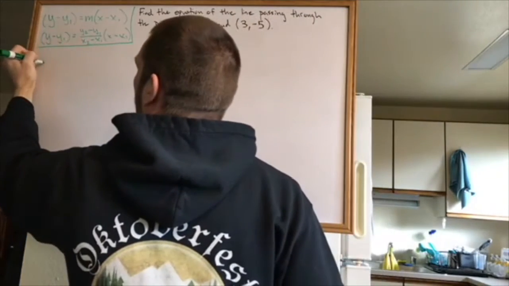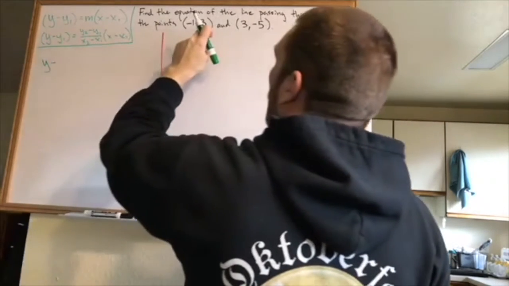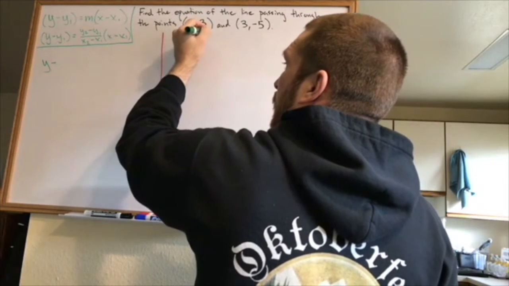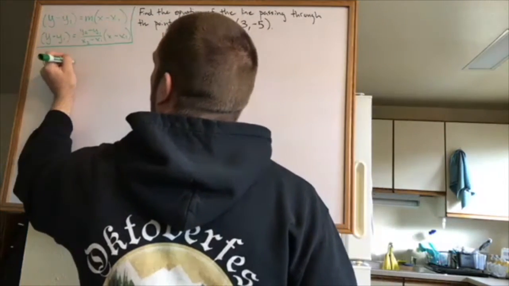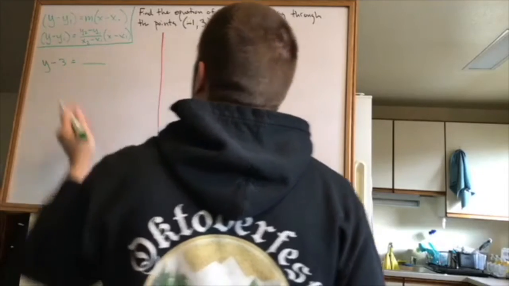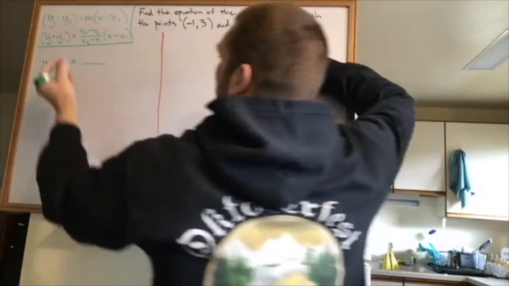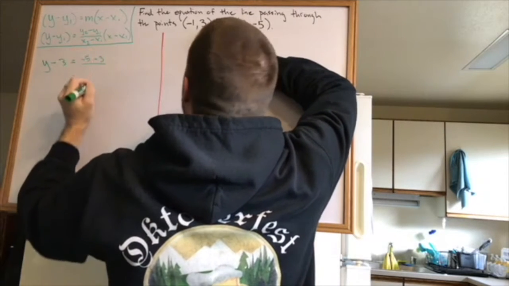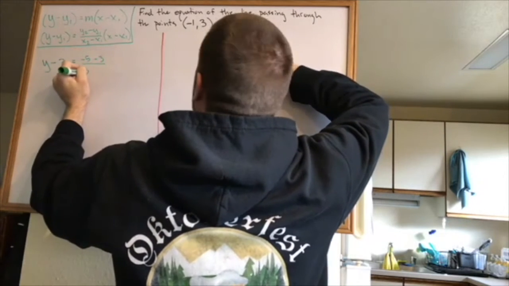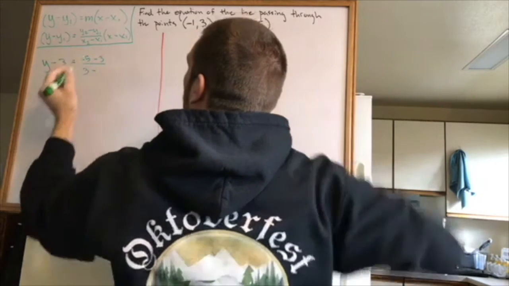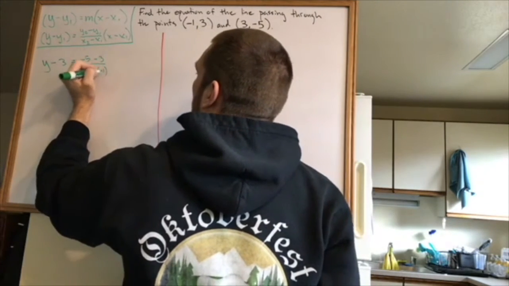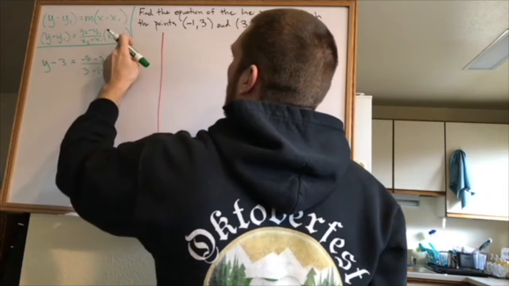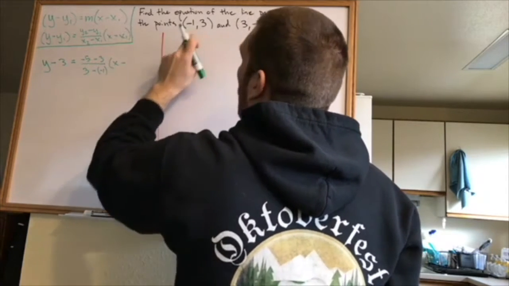Okay, so y minus y1, we'll call this point 1, so this is x1, y1, y1 is 3, equals, okay, y2 minus y1. y2 is -5, y1 is 3, so -5 minus 3. x2 is 3, x1 is -1. Uh-oh, minus -1, don't want to mess that up. Okay, x minus x1, x1 is -1.